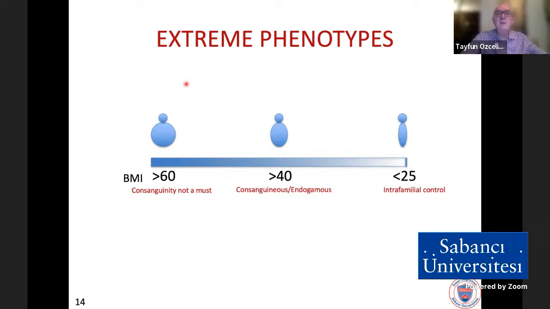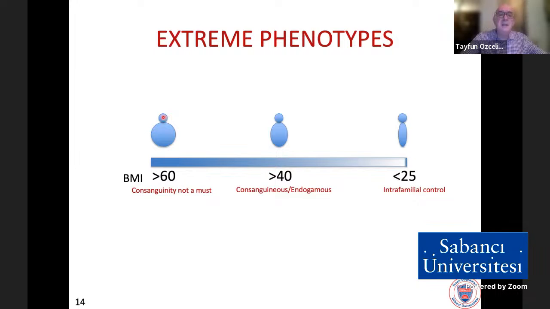You know, the normal range for body mass index is below 25. From 25 to 30 or so, one becomes overweight. From 30 to 35, obesity, and then extreme obesity when it is over 40 or 60. So we concentrate on people with body mass index of 60.